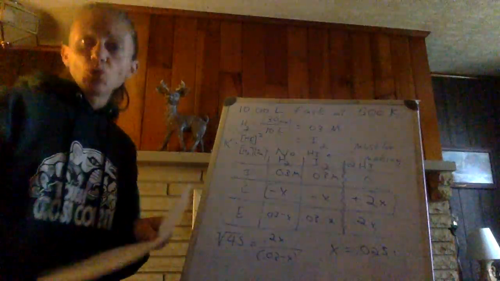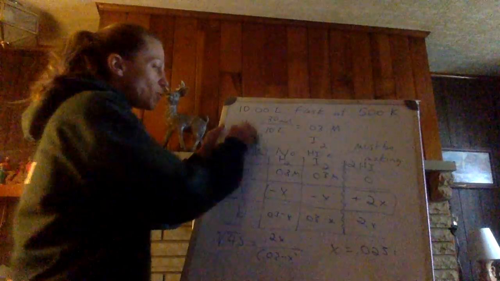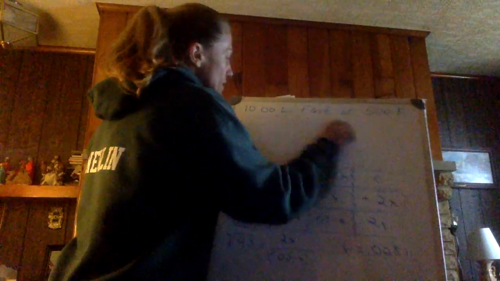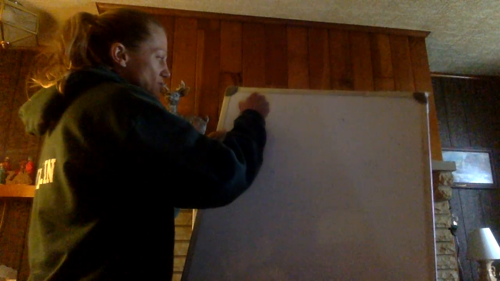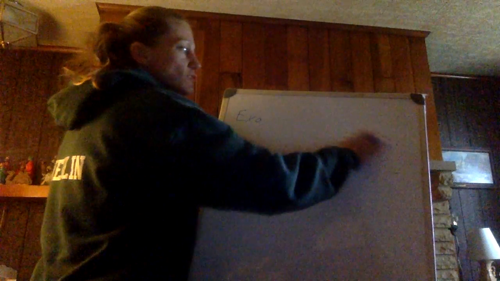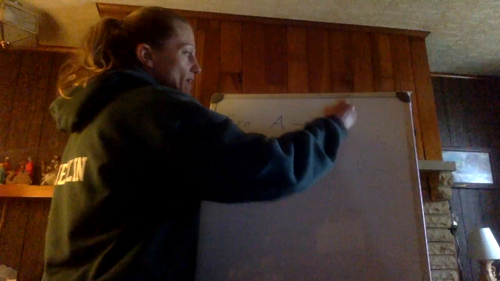I think the heating and cooling ones are tough. I think when we do the heating and cooling, the trick is to remember that for an exothermic reaction, heat is a product. So if my reaction's exothermic, it's going to be A yields B plus heat.